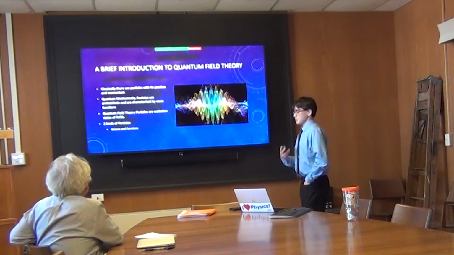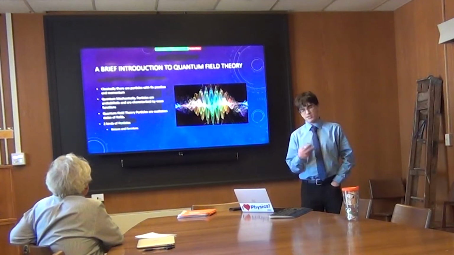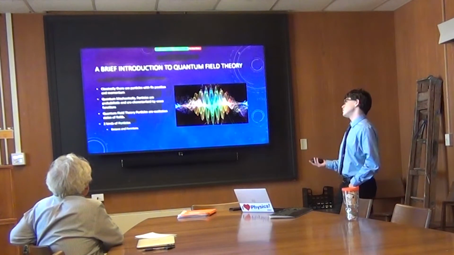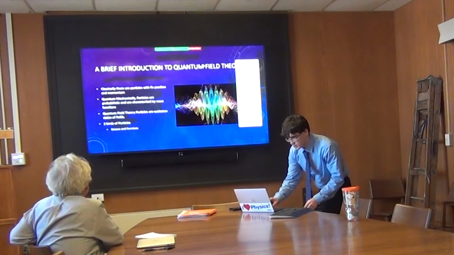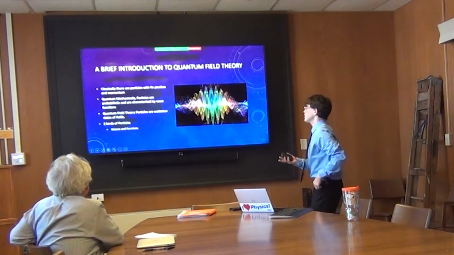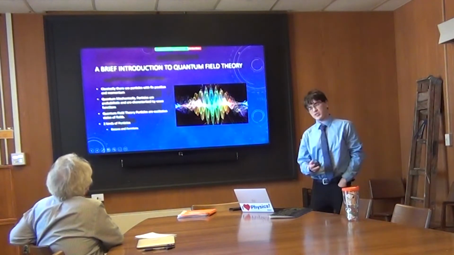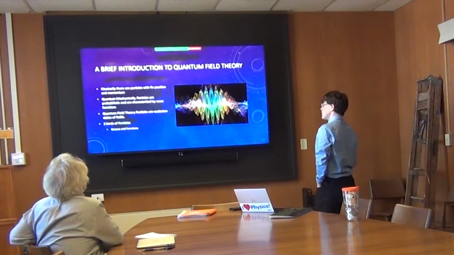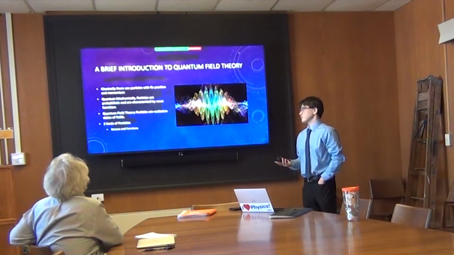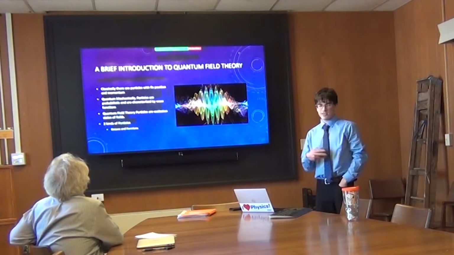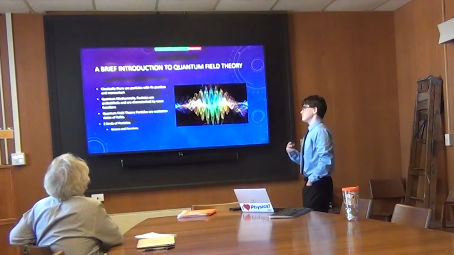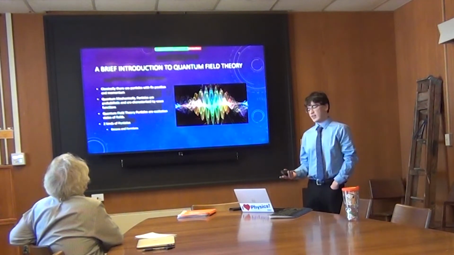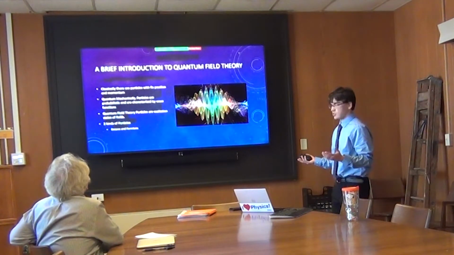Okay, so in particular, we categorize particles as being either bosons or fermions. A boson is a particle with integer spin and is symmetric under exchange, while a fermion is a particle with half-integer spin and antisymmetric under exchange.